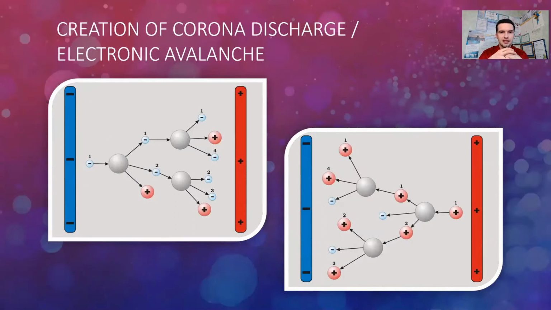What happens next? These electrons, just because they're flying very fast, collide with the air molecules. And as you can see on these two schemes, after this collision, the electron continues its flight, but it takes out one electron from the molecule and one proton from the molecule that fly further away.